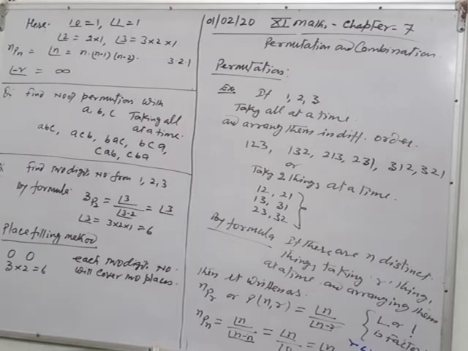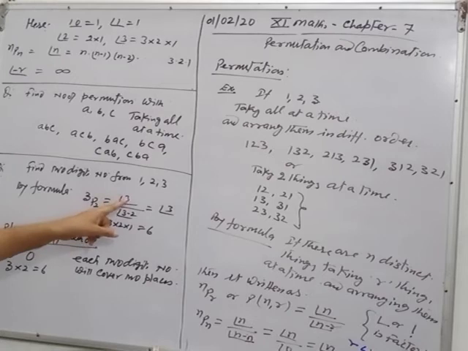Okay. See the next example. By formula method, how can you do it? Find the two-digit numbers from the given digits 1, 2, 3. So there are three given digits, taking two digits at a time, any two you can write. So you will write in the formula nPr as 3P2. By nPr you can solve it.